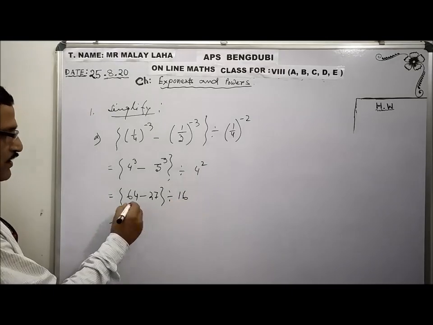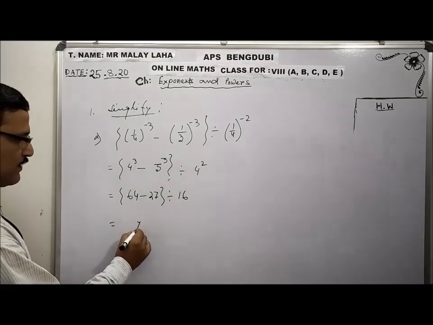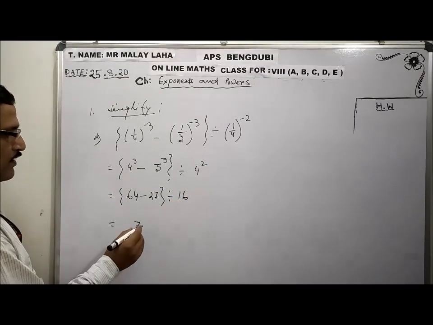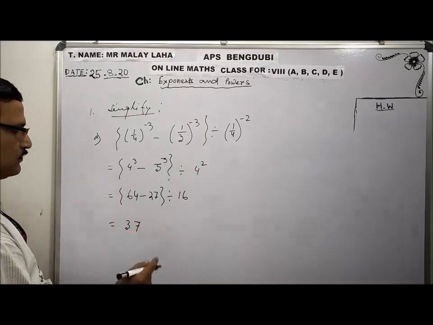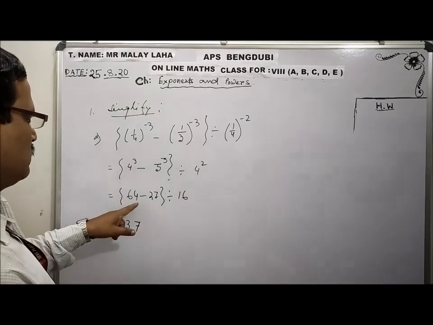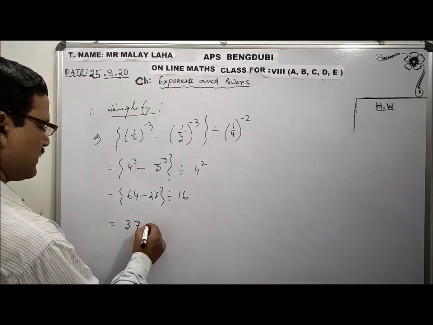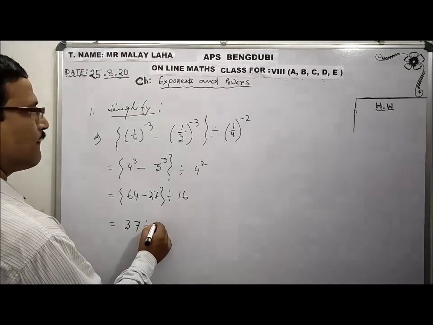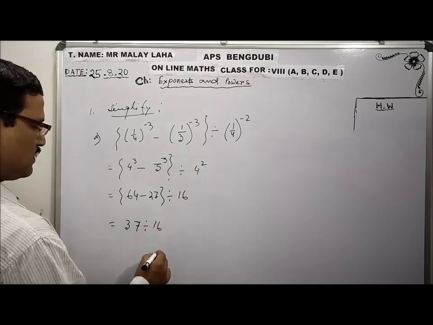Now what is the difference between the two? 64 minus 27 is 37, divided by 16.